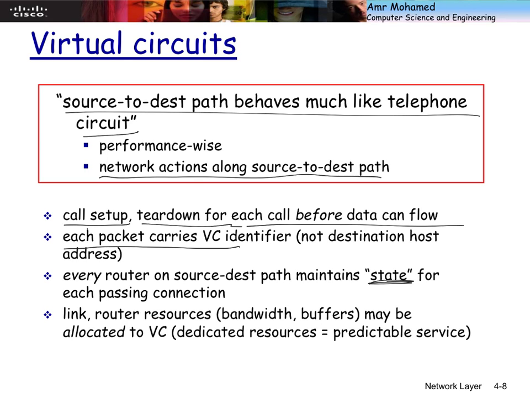So the difference here is that each router will have to maintain a state of a specific host-to-host connection. Which, in a way, complicates the network layer protocol significantly. Why? Because if I send using the destination address, that's easy.